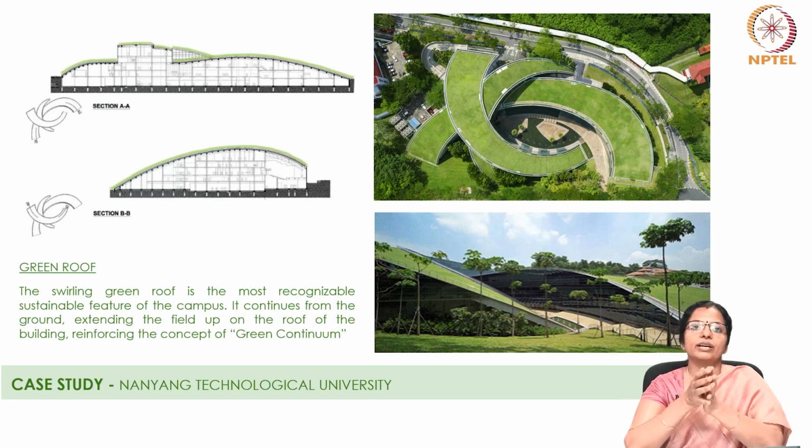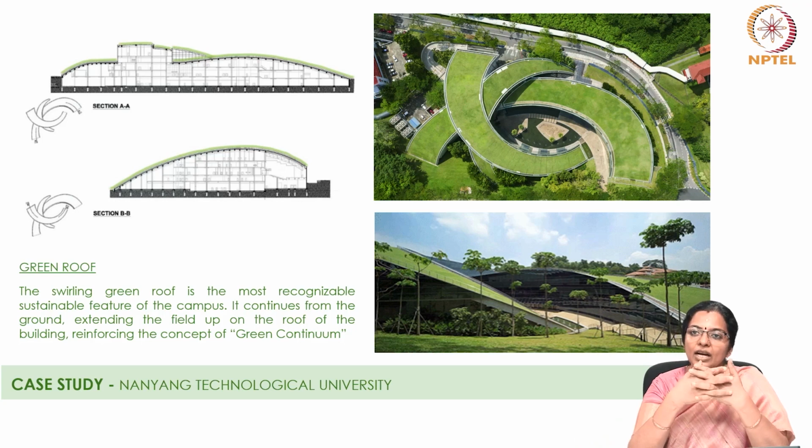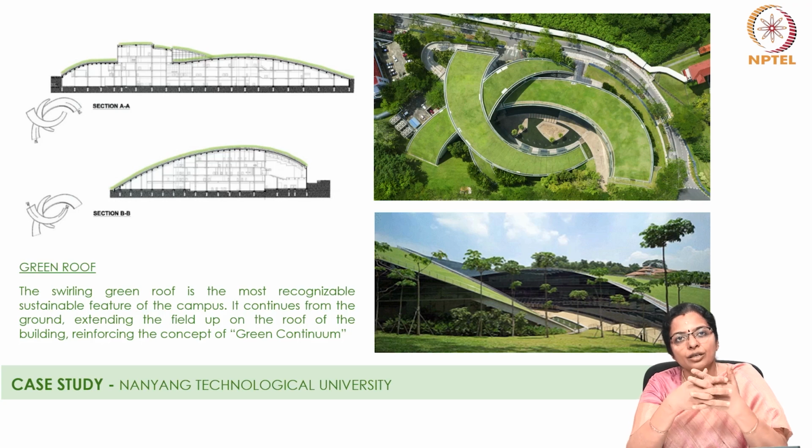So, today we have seen an advanced passive strategy called green roof, which is nothing but having vegetation on the roof. But this process has to be pre-designed because there is an additional load to the structure.